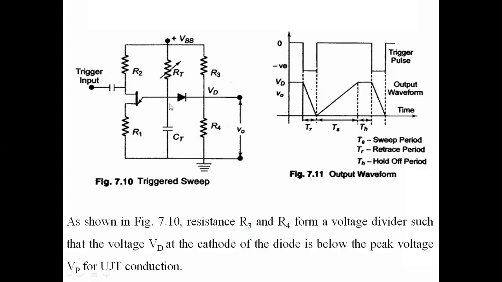It will charge up to a certain value, until the diode D is forward biased.